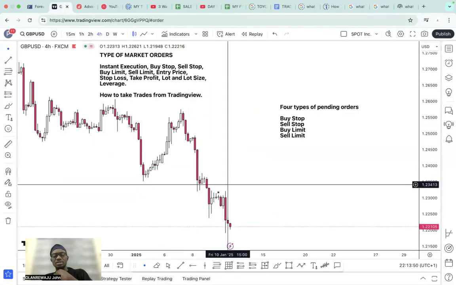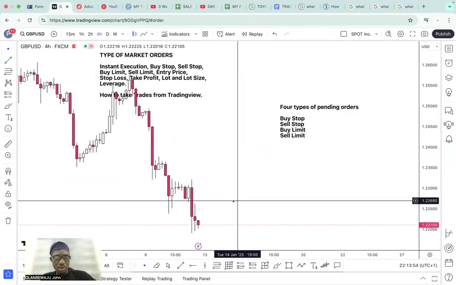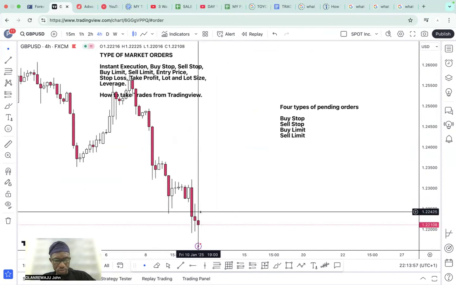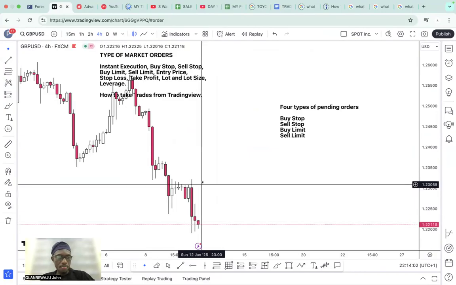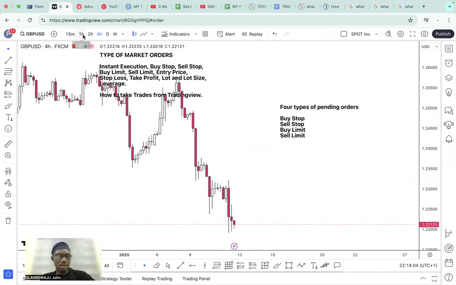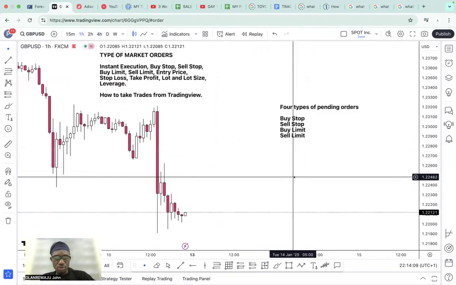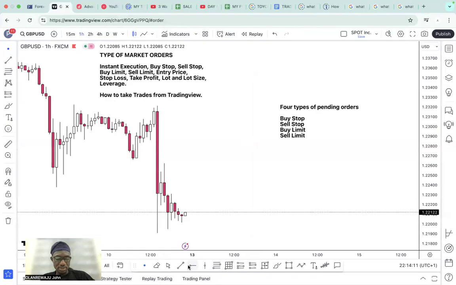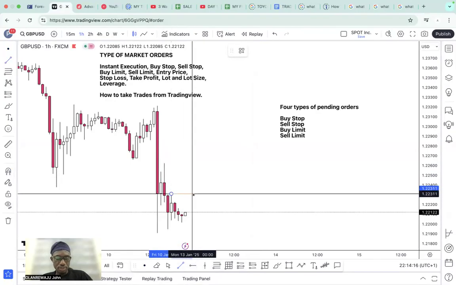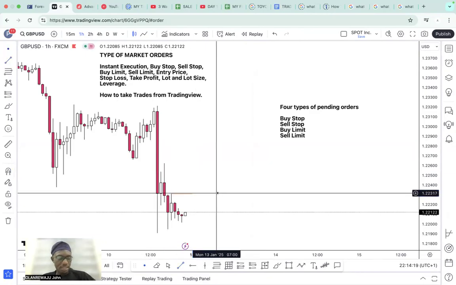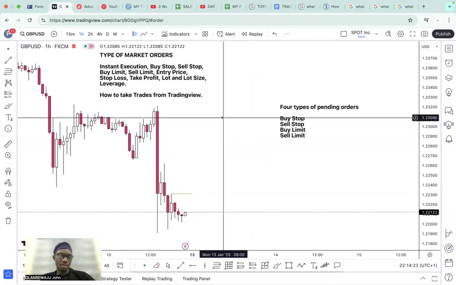What that simply means is that, say you want to buy GBP USD, but you want it to get to a future pricing level that is higher than where you are. I'm trying to see how I can break that down to make it simpler. Maybe based on what you've learned from Forex and technical analysis, you have a conviction that the moment GBP USD gets to this point where I have put that line, all things being equal, you should keep buying.